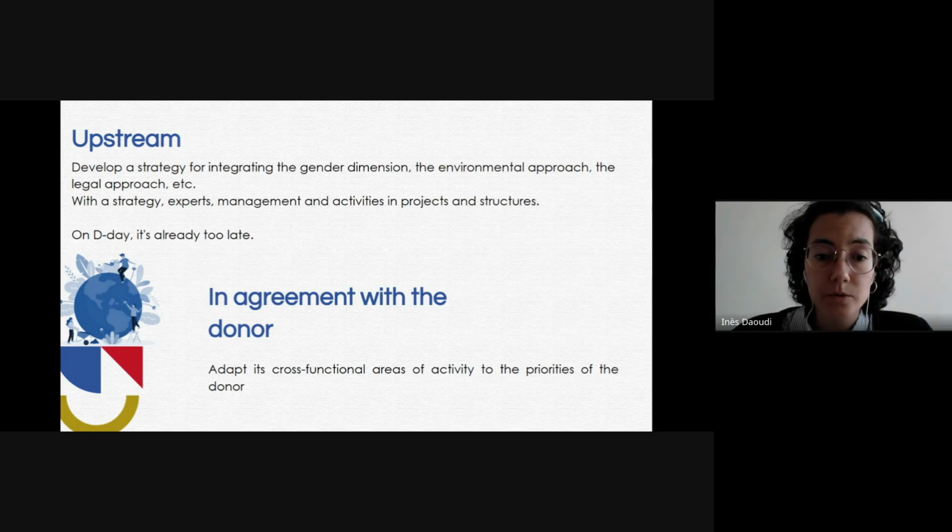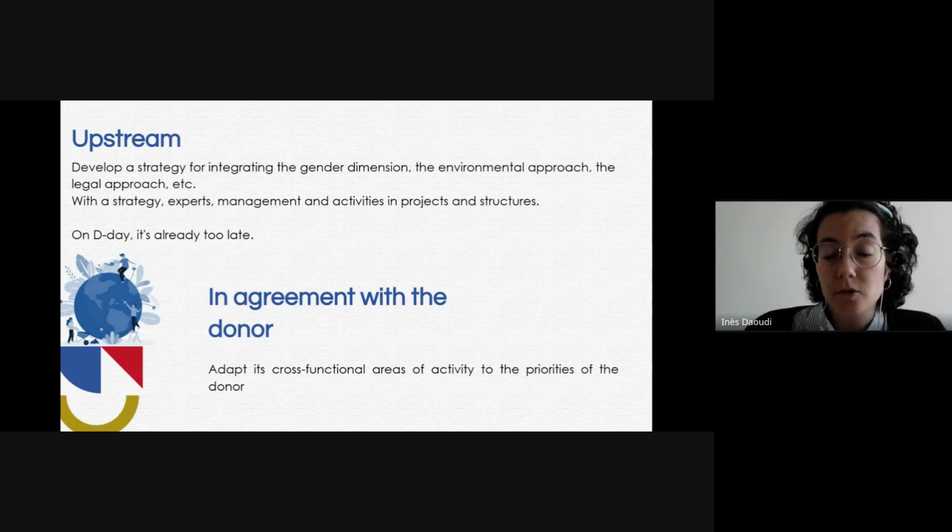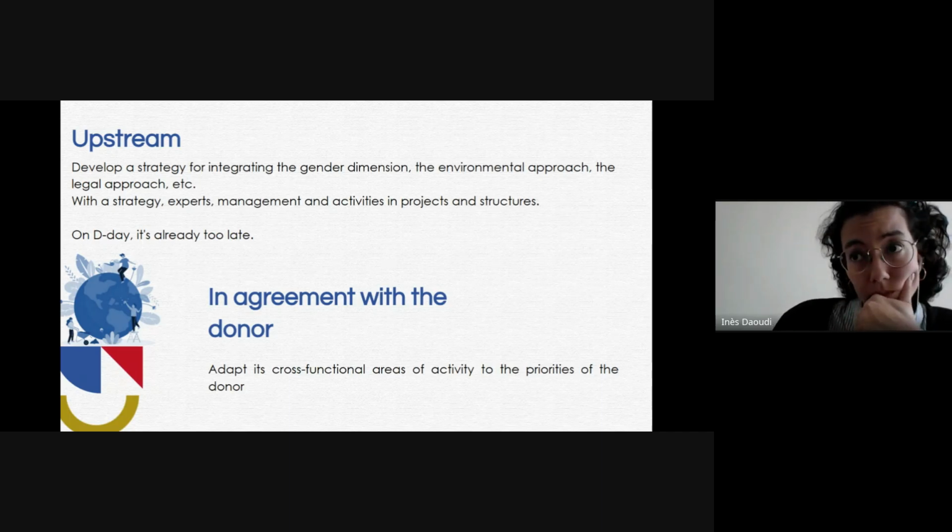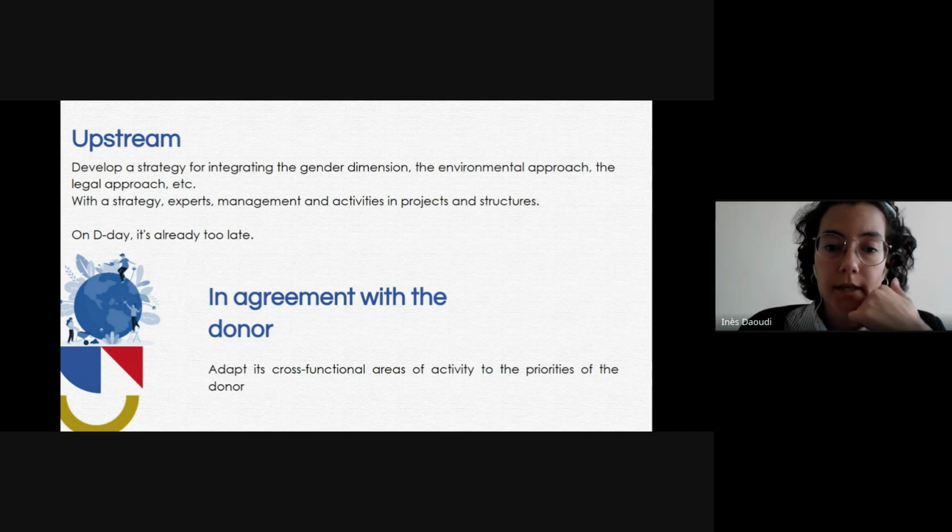Because many donors now want to fund projects that integrate cross-cutting issues. So if you don't use this, it may lead to the rejection of the project proposal.